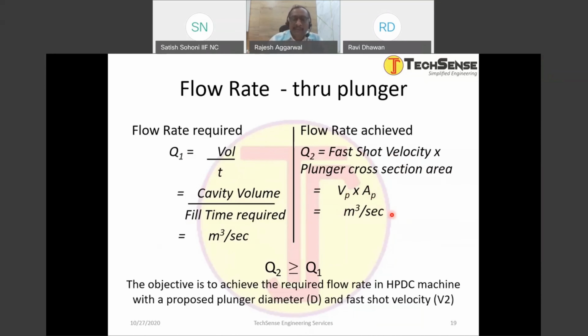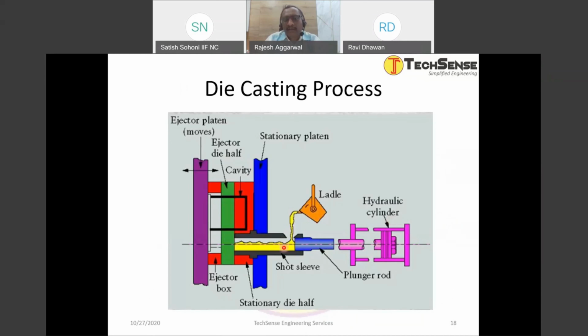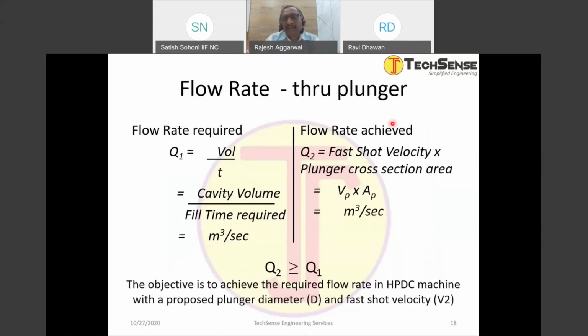Now, the basic point is the flow rate achieved. Let me go back to the previous slide. This is the plunger, and the plunger will be moving to fill this metal into the cavity. That will achieve a flow rate, Q2. So Q2 has to be more than or equal to Q1. Q2 should not be less than Q1.